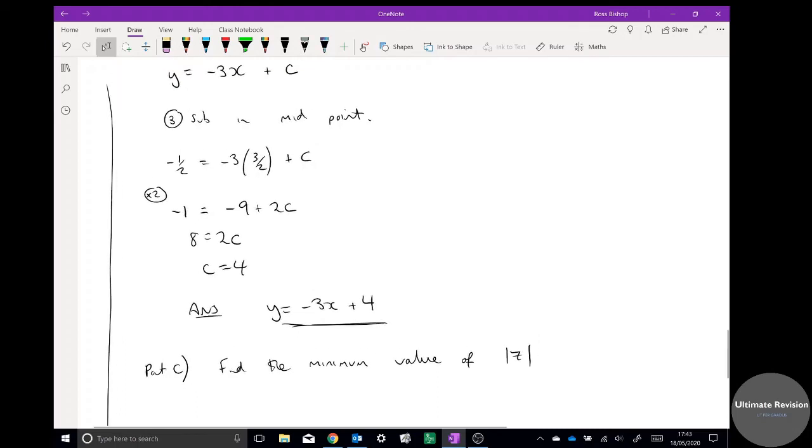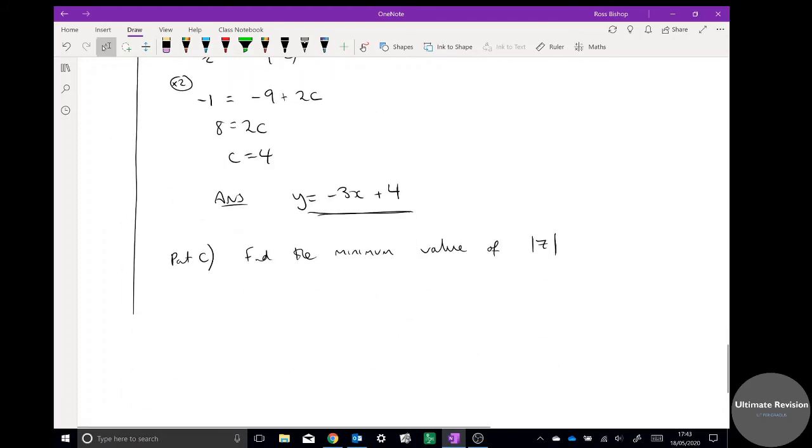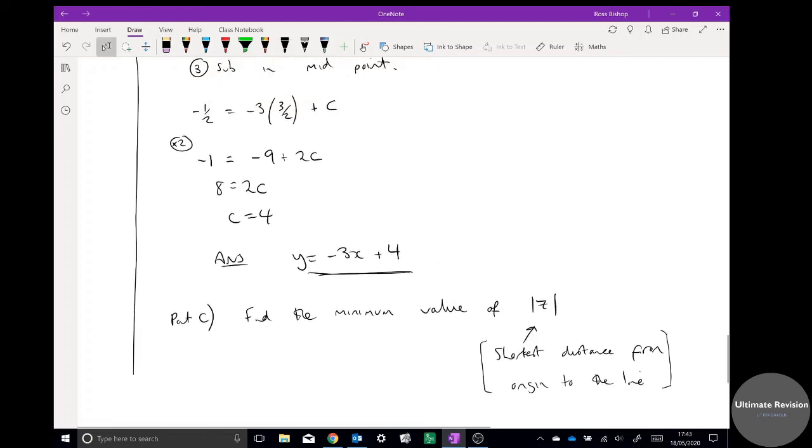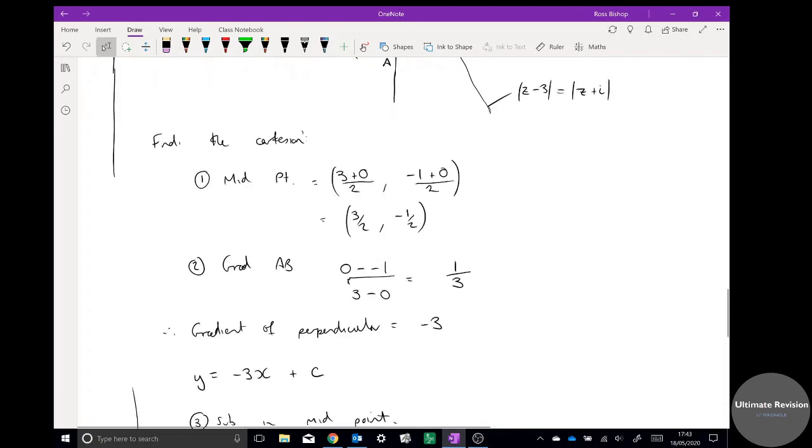Now that is the shortest distance. This basically means the shortest distance from the origin to the line. Because it's the smallest value of z, the vector z, it's got to be the shortest distance from the origin to the line. Now to do that, I'm going to go back to my sketch.